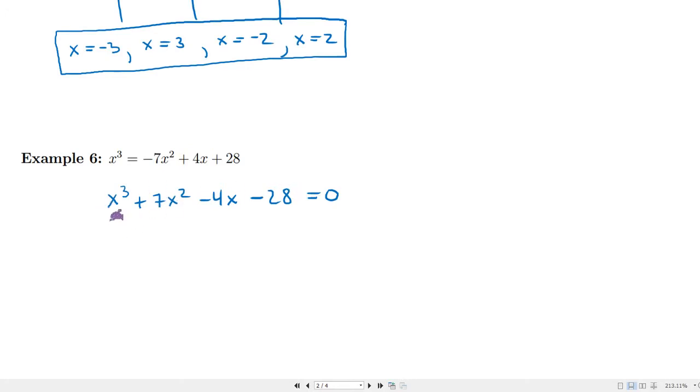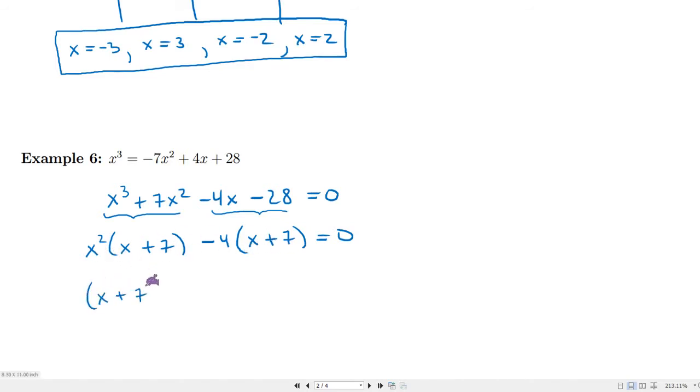So let's do factor by grouping, meaning let's factor that binomial and that binomial separately as much as we can. So these two have a common factor of x squared, so we can factor that out and get x plus 7. These two have a common factor of minus 4, and that'll give us x plus 7, so this is very good. Right? So now these two terms have this x plus 7, so we can factor that out.